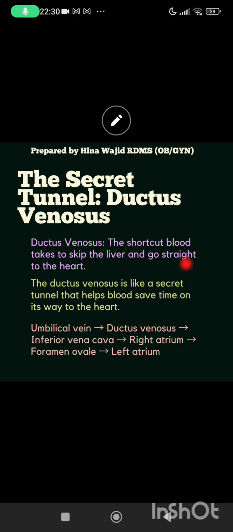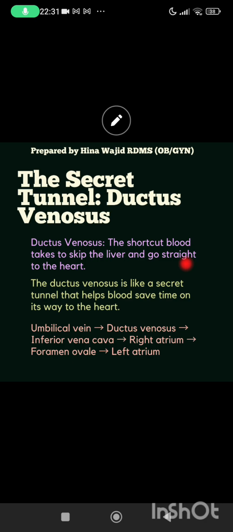Once blood enters into the fetal abdomen, into the fetal body, it needs to go straight to the heart so it can be pumped everywhere, because now there is not much need of digestion, because all of the nutrients are coming in a very soluble form from the placenta.